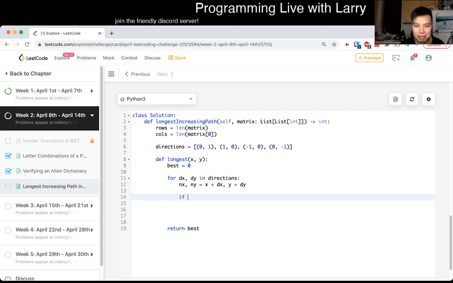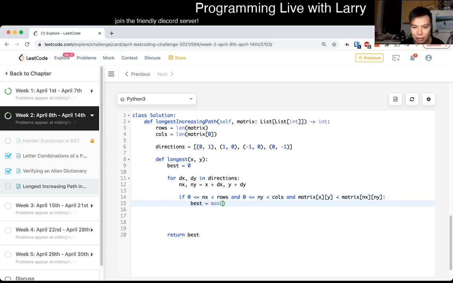You can write it however you like. We make sure that it is in bounds, this is for rows and this is for columns. Then we make sure that this cell is strictly less than the cell at nx, ny. If this is the case, then best is equal to the max of best or the longest of nx, ny.